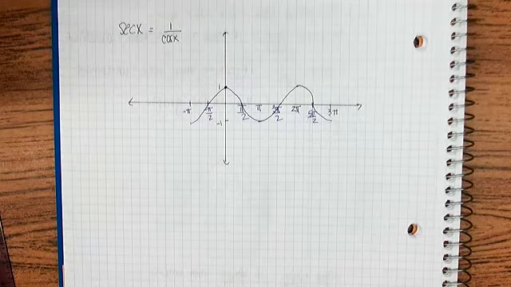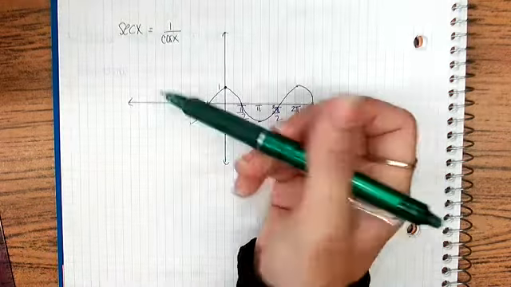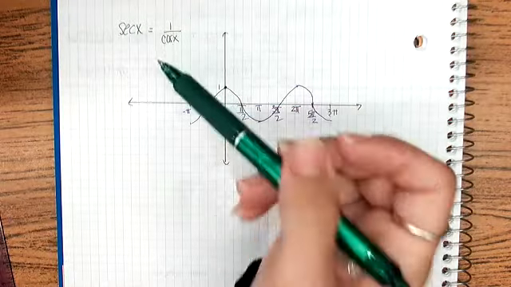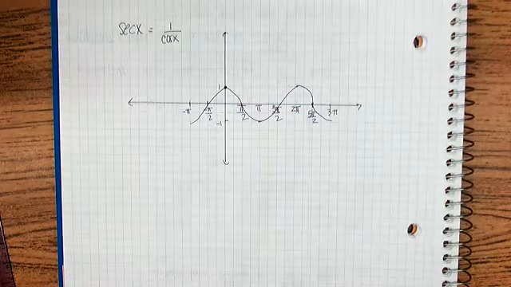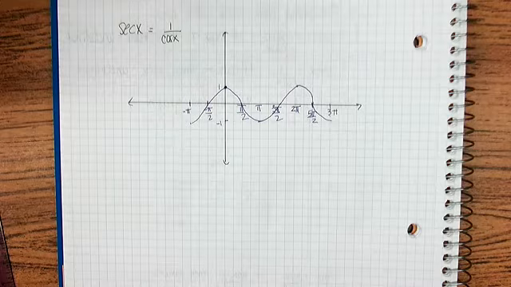Okay, so let's look at where the cosine is 0, the secant is undefined.